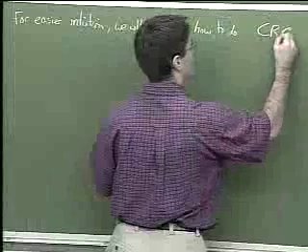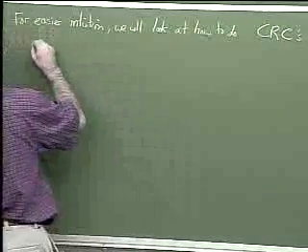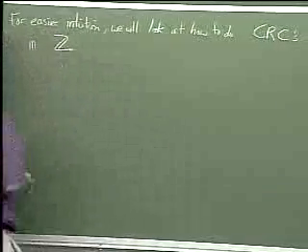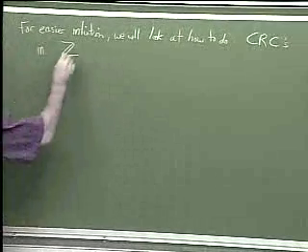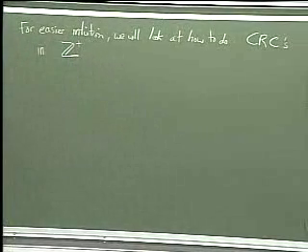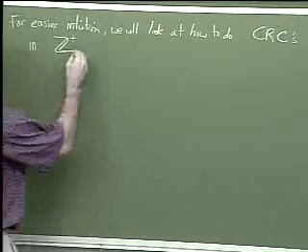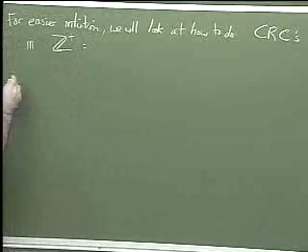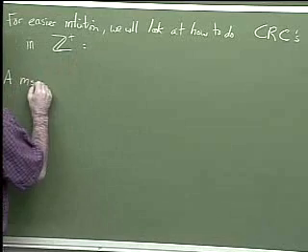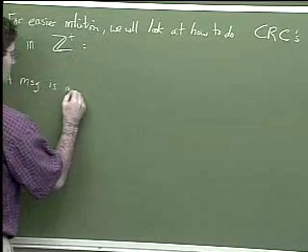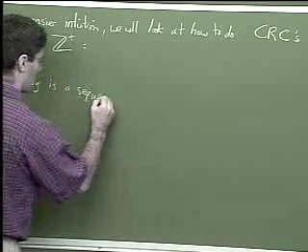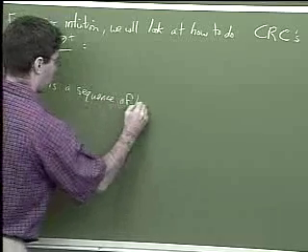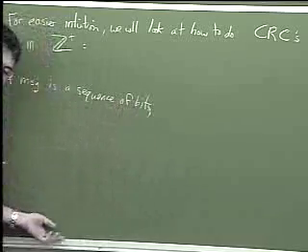So CRCs, in the integers. Okay, so here's how it's done. A message is a sequence of bits. It's just a number, right?